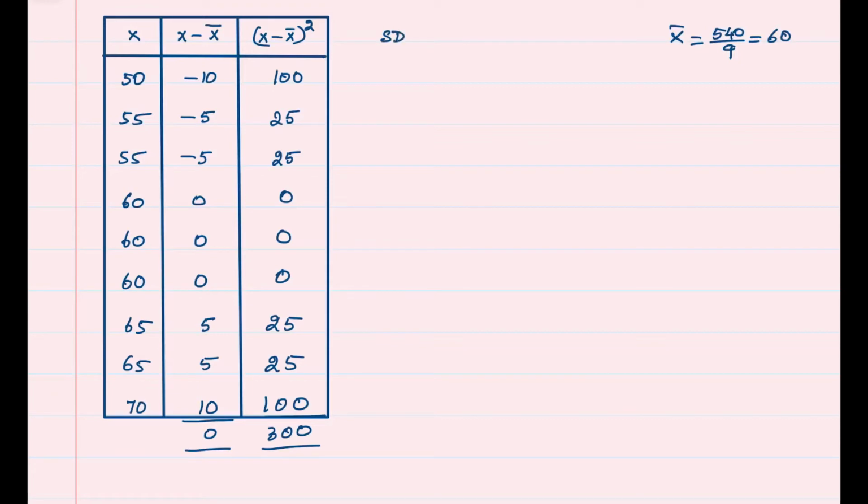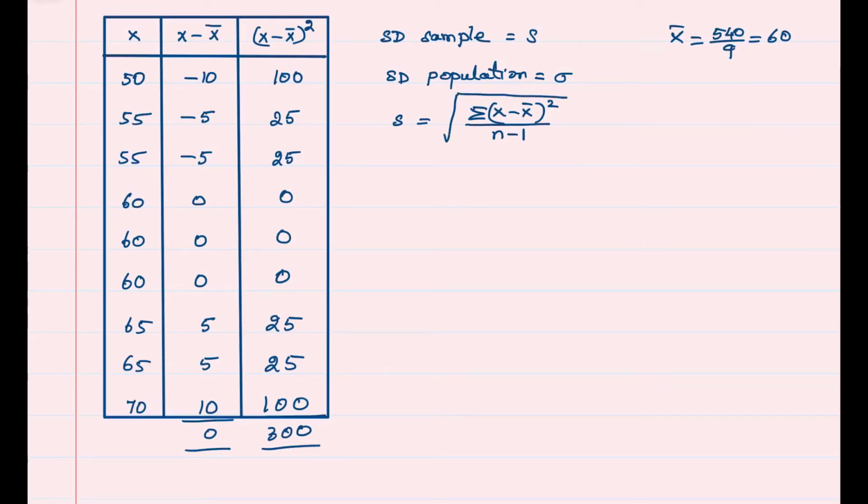Now let us see how to calculate the standard deviation. Standard deviation of the sample is denoted by the letter S, and standard deviation of the population is denoted by the letter sigma. This symbol is also sigma, but that stands for summation. So we use this sigma to denote the standard deviation of the population. So standard deviation for this sample is, we add all the squares of the deviations from the mean and divide by n minus 1. Since we have squared the deviations, we take the square root.